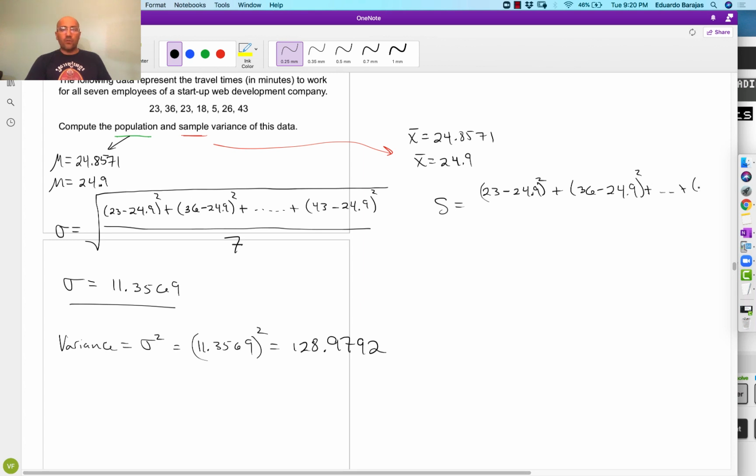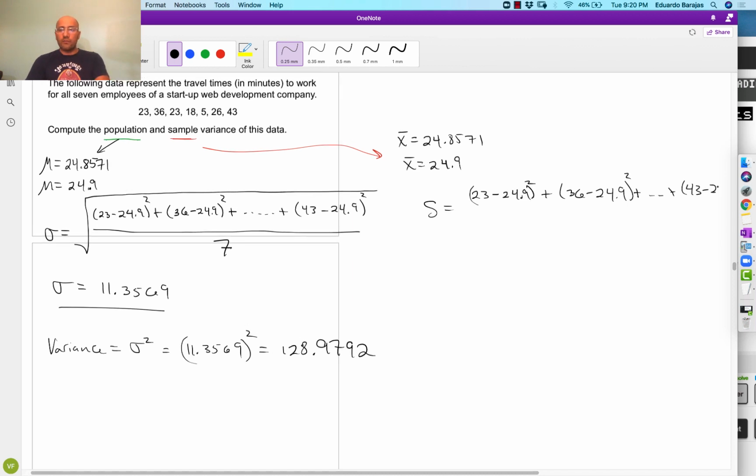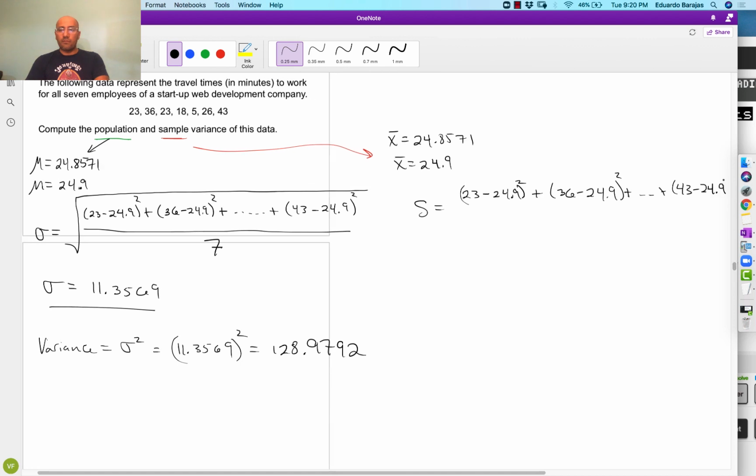And then the last one would be that 43 again, 43 minus 24.9 squared. And then because it's a sample, we know we divide by n minus 1. So in this case, we divide by 6, not 7. And then we take the square root of the whole thing.